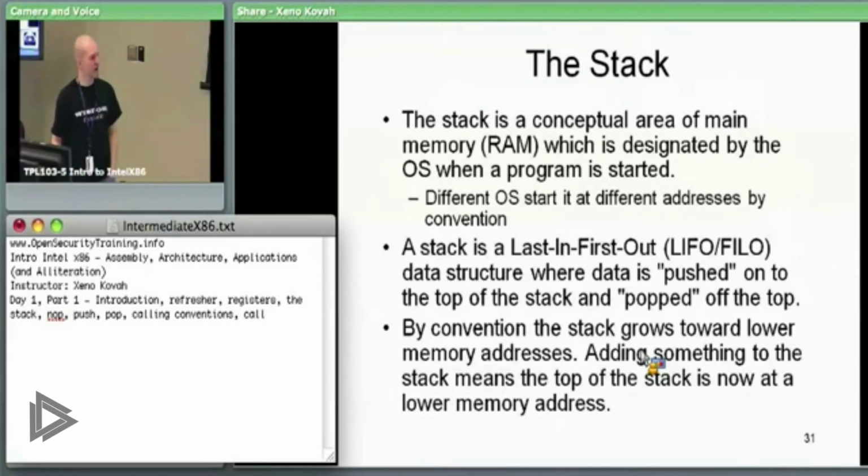Now, by convention on x86, the stack grows towards lower memory addresses. So in this class, you need to have mental flexibility with this because you'll see this represented different ways by different people. But in this class, I'm going to be drawing low addresses at the bottom and high addresses at the top. That's like what you saw with our endianness diagram before, right?